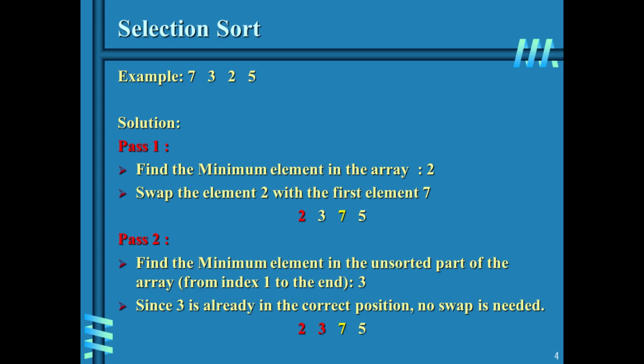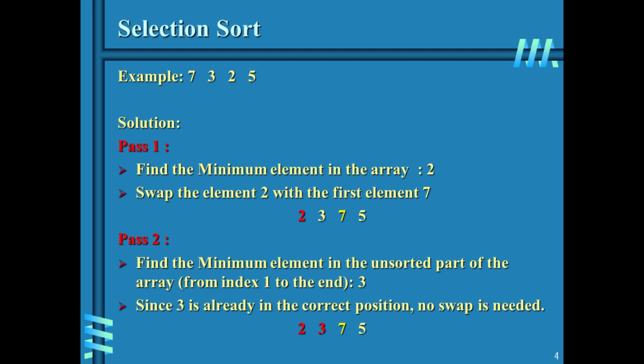Now, after the first pass, the output is going to be 2, 3, 7, 5. Here, the element in the sorted array is 2 and the elements in the unsorted array are 3, 7 and 5.